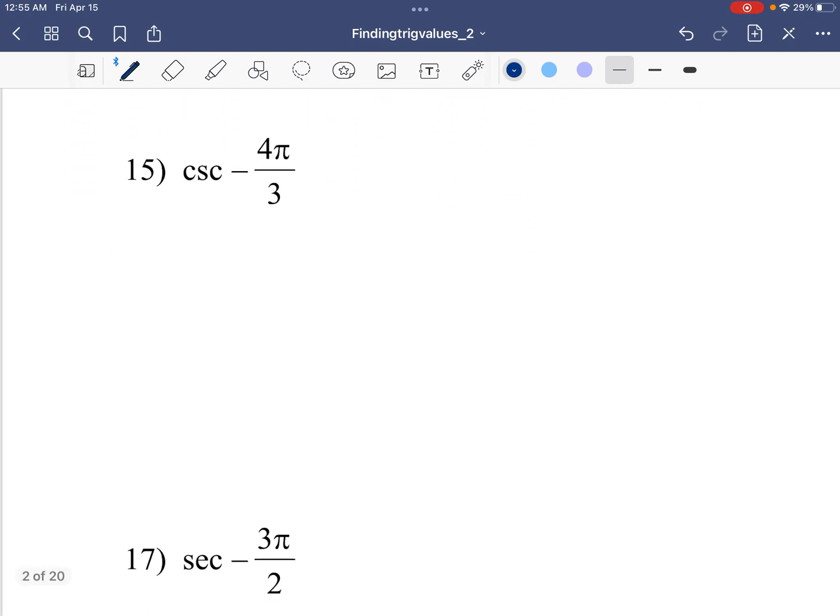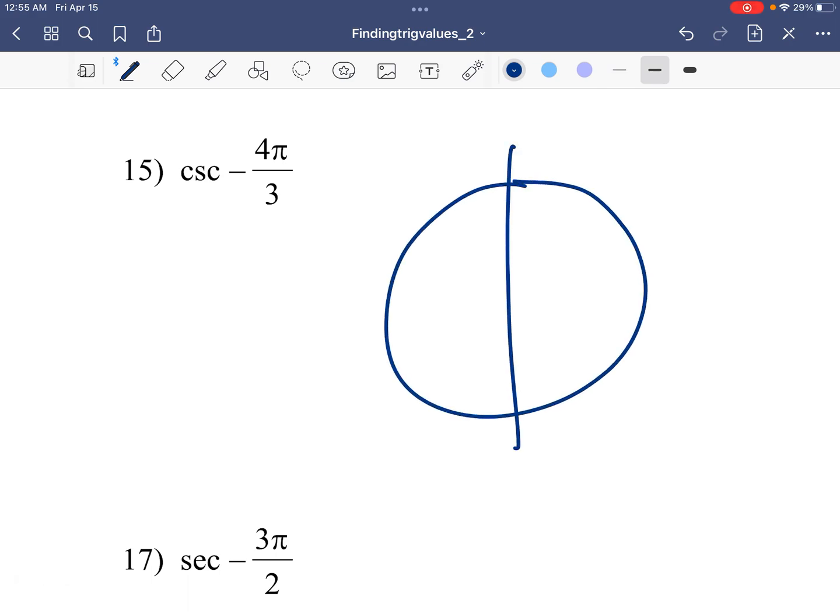Okay, now for this bottom one, we have cosecant of negative 4 pi over 3. So instead of moving this way, we're going to be moving down this way. One way to think of it is, oh wait, not 2 pi over 3.